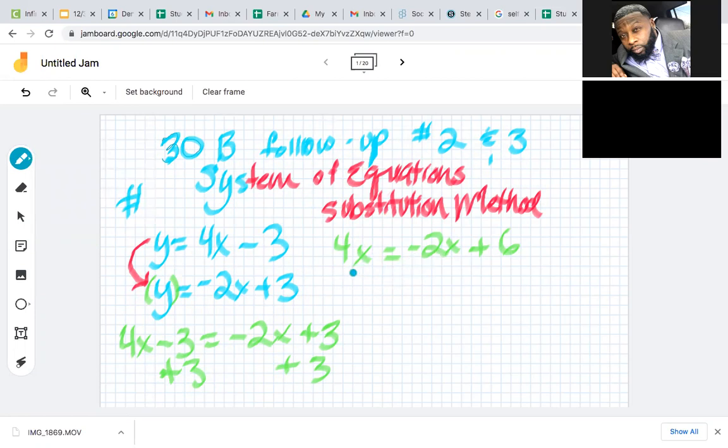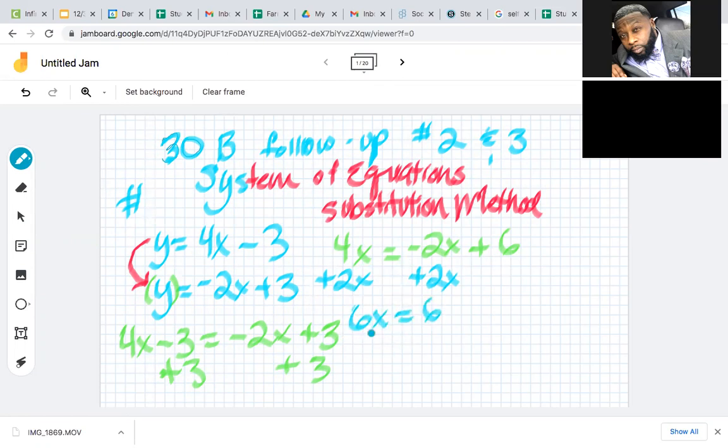Let's get x on the same side. Let's get x to the left since we have the coefficient, the variable. Let's put both of the variables on the left side. So that means we're going to add 2x. All right. So 4x and 2x makes what? 6x. 6x equals 6.